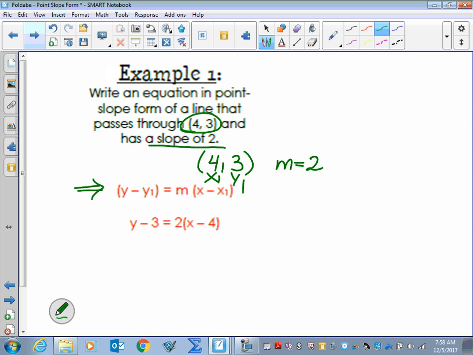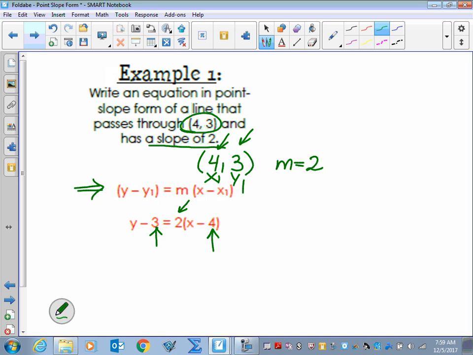And then remember I said you're only replacing three numbers. Your y1 is 3. There it is right there. Your x1 is 4. There it is right there. And your slope is 2. There it is right there. And you're done. You don't solve it.